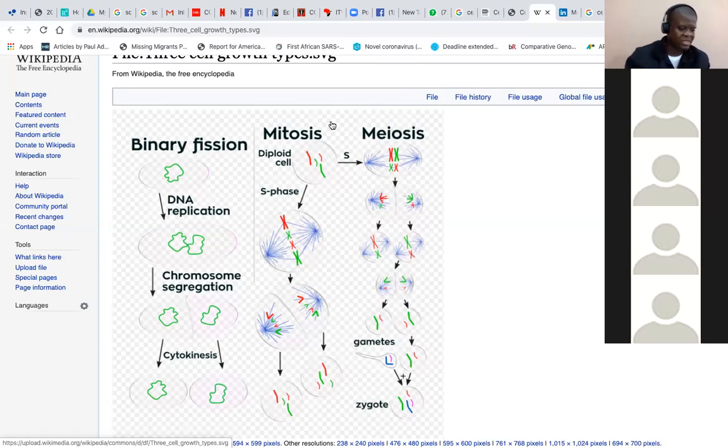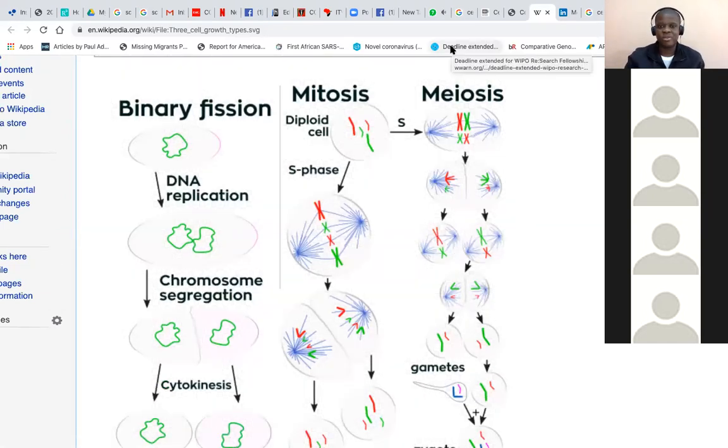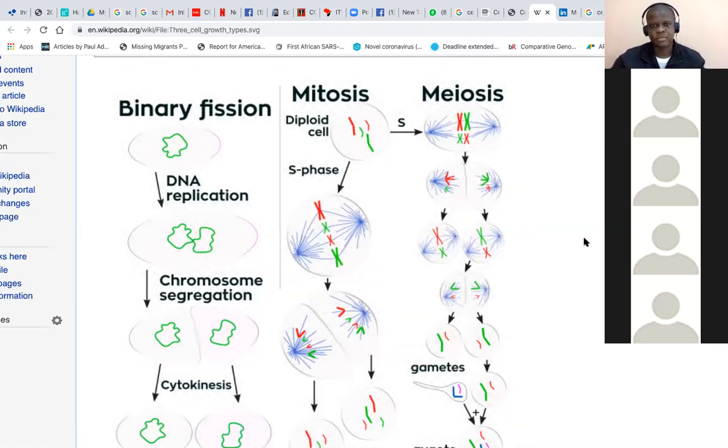But when you look at the other side of the chart, we have the ones that higher organisms undergo. We have mitosis, we have meiosis. In mitosis, we are starting with a diploid cell. In mitosis, it's always a diploid cell.